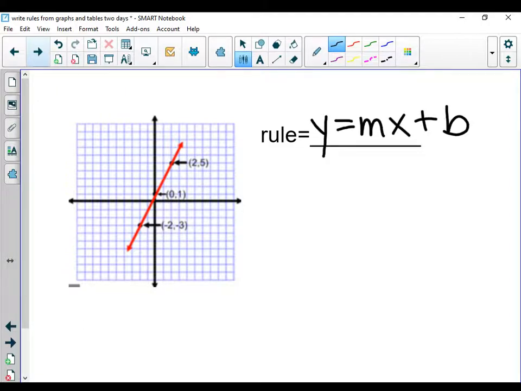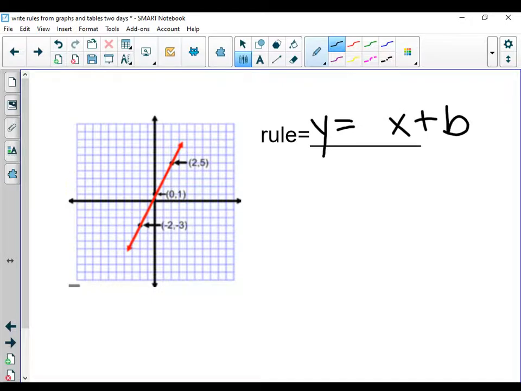Zach, do you remember what M stands for? Slope. Weston, how are we going to find a slope anyway? Two words that start with R. Think about me singing.